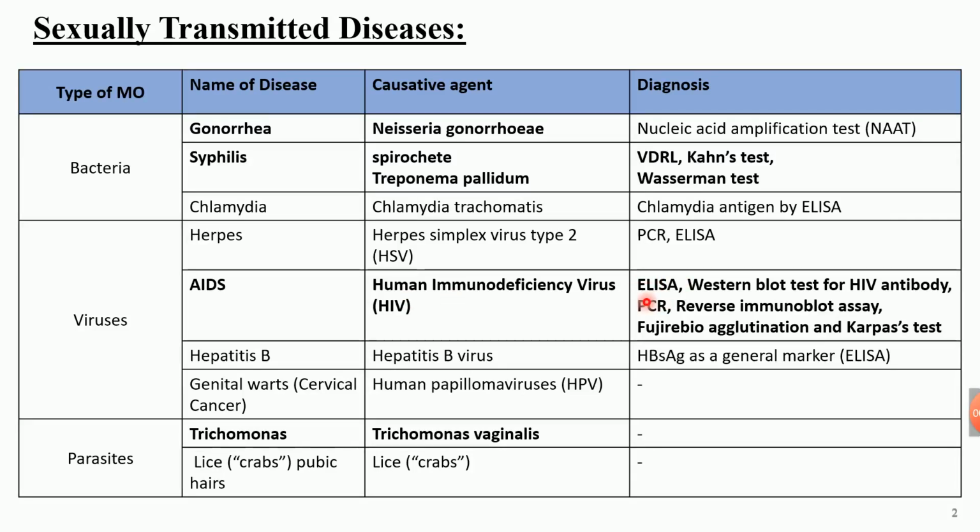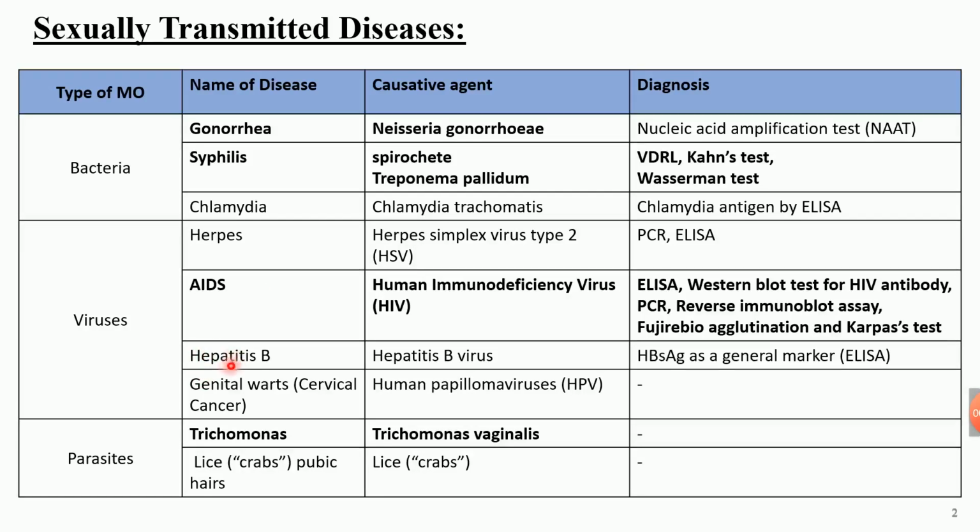Different diagnostic tests used for identification or screening of AIDS are ELISA, Western blot, PCR, that is polymerase chain reaction, reverse immunoblot assay, Fujirebio agglutination test, and Karpas test. These are the different tests used for diagnosis or screening of AIDS.